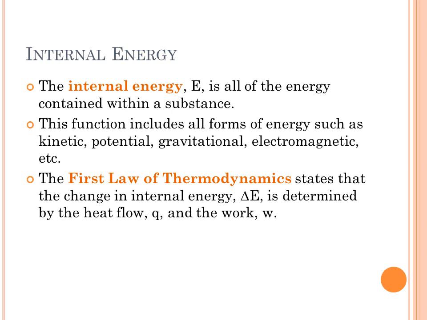So you can talk about internal energy in terms of the first law of thermodynamics. A more mathematical way of looking at it is the internal energy is the sum of the heat flow and the work. So we can say the change in internal energy of a system can be based on how much heat is given off or absorbed, or how much work is done on or by the system.